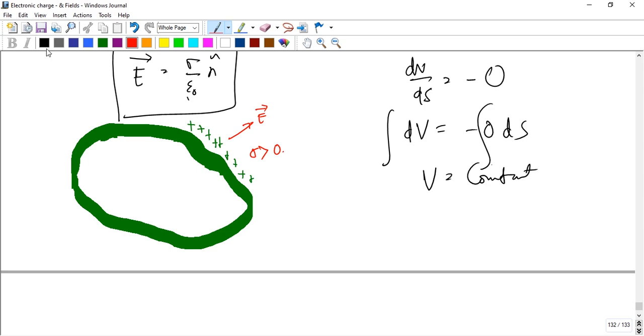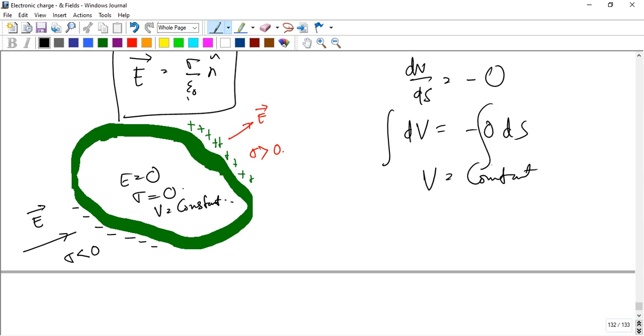Here, suppose that is a negative charge, so the electric field is in the inward direction, but we say that sigma is less than 0. But in both cases, the electric field is 0 inside that conductor, and sigma also is 0, and the potential is constant.